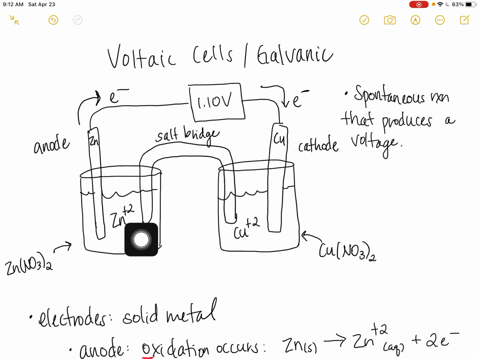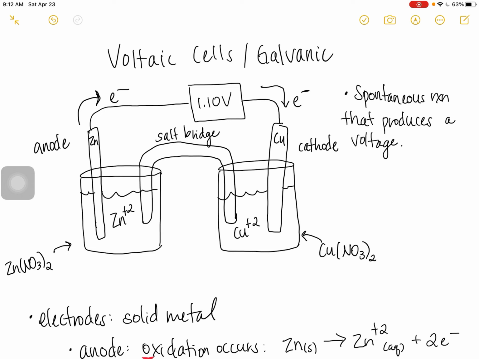And remember that this zinc +2 originally came from here. So originally, at time 0, we had a neutral solution in this container. We had 1 zinc +2 and 2 NO3-. It was neutral. But as this reaction progresses and zinc turns into zinc +2, we get a buildup and buildup of positive charge, because all we're doing is producing more zinc +2.